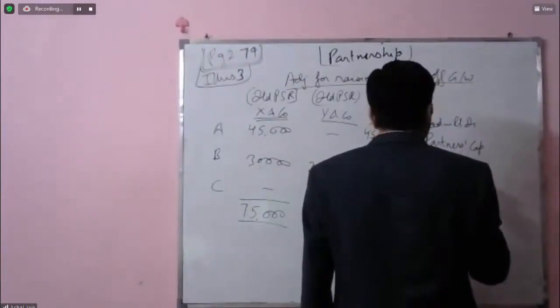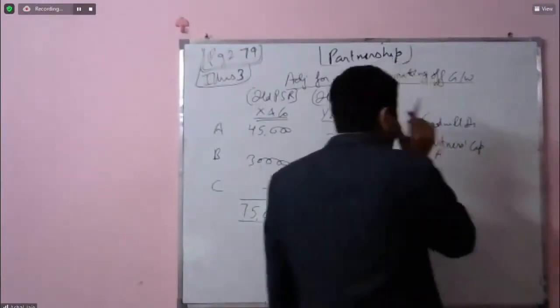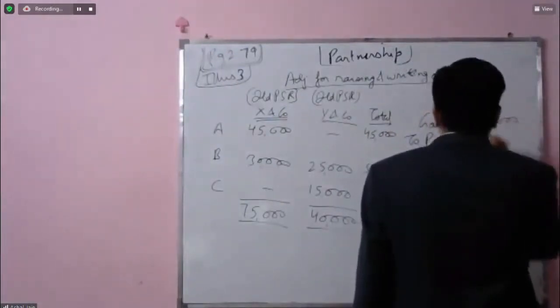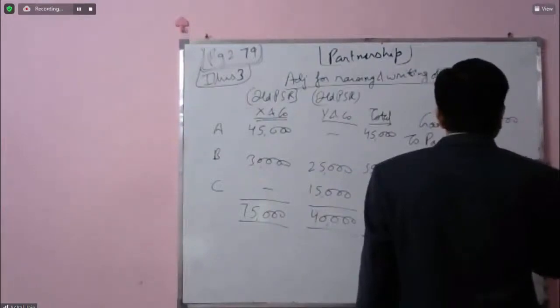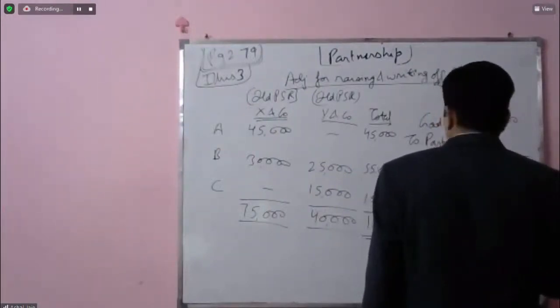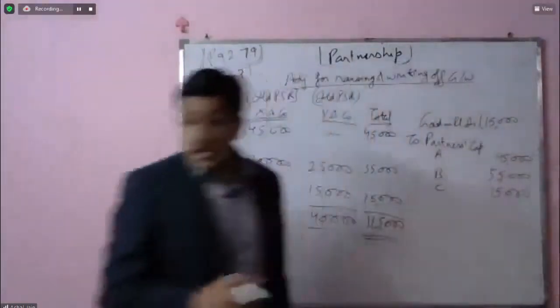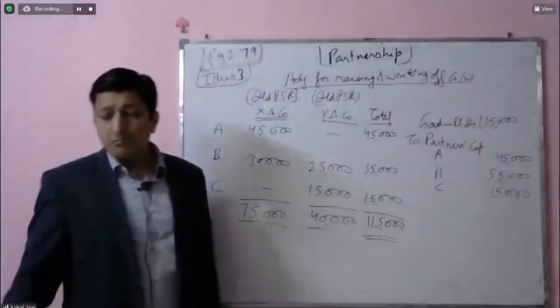Say A, B, C. So goodwill will be 1,15,000 debit to A, 45,000, to B, 55,000, to C, 15,000. Okay. This is how accounting entries would have been passed.